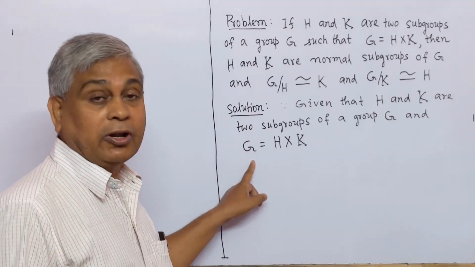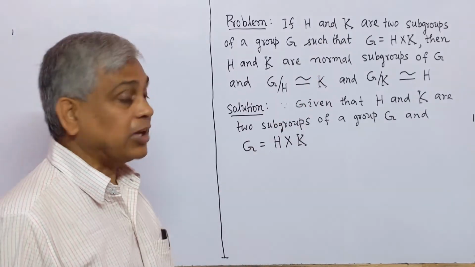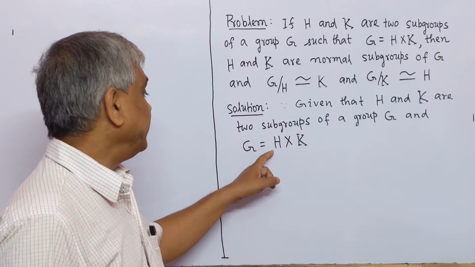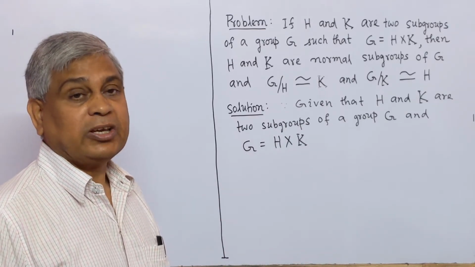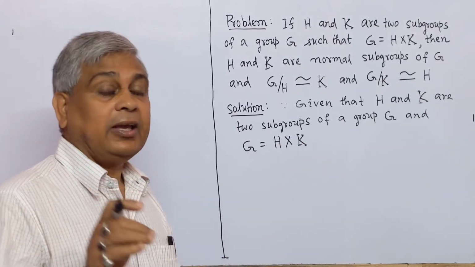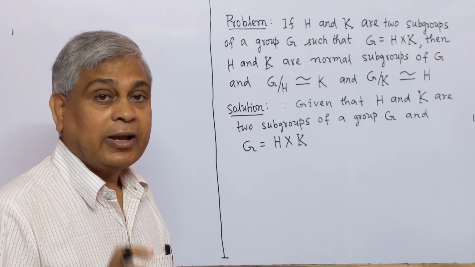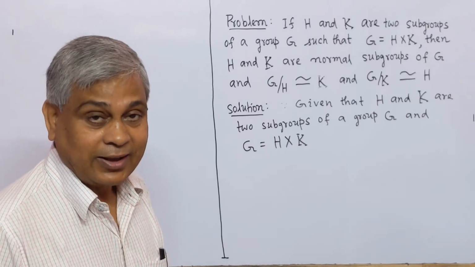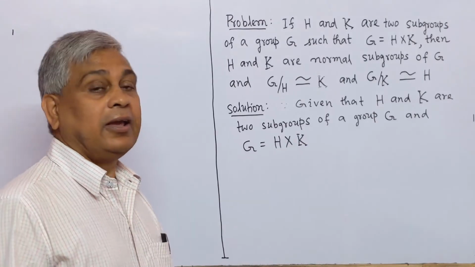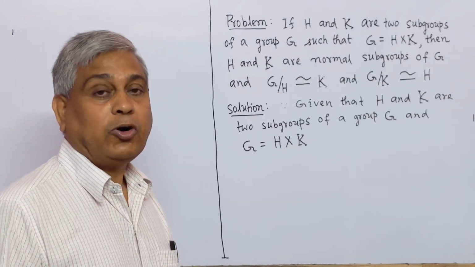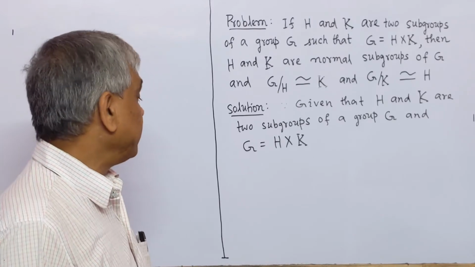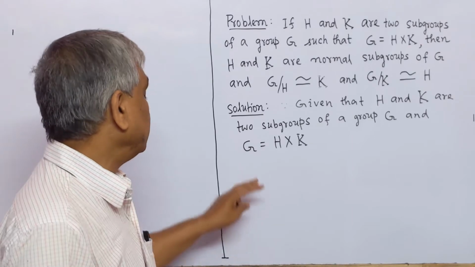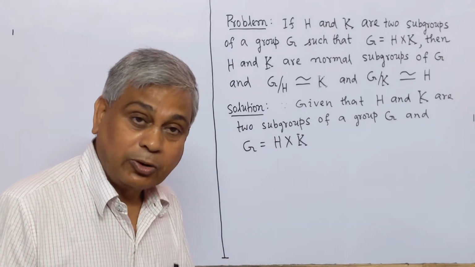Practically, it is not possible that if H and K are two subgroups of G, then G equals H cross K, because each element of H cross K is in the form of an ordered pair of elements of H and K, that is, an ordered pair of elements of group G, while on the left side we get only the simple group G. So this cannot be practically possible, but this is a symbol.